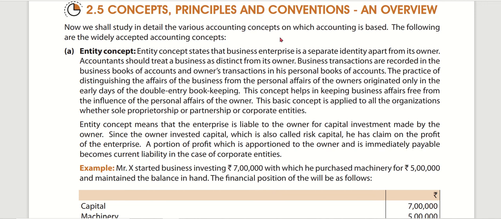Now, instead of recording this entry, if you were to record it as follows, let us say miscellaneous expenses debit 1 lakh to bank account 1 lakh, this entry makes it look like a business expenditure, which is actually not the case.